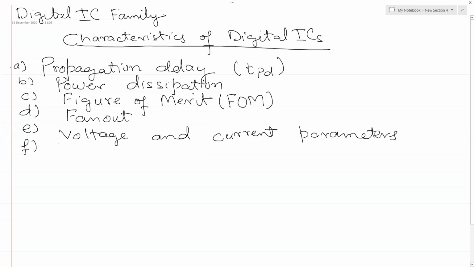Then you have noise immunity. After that, you have power supply requirements.